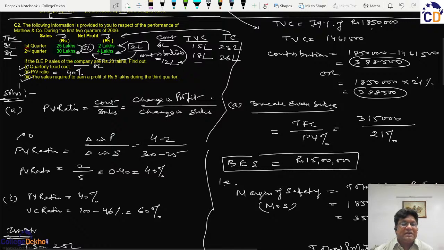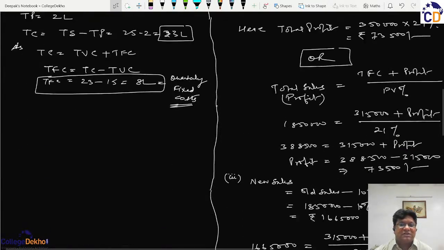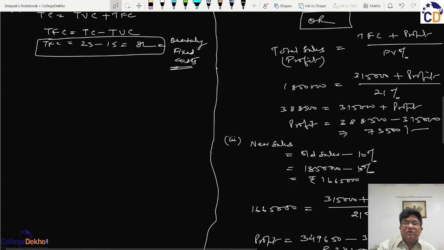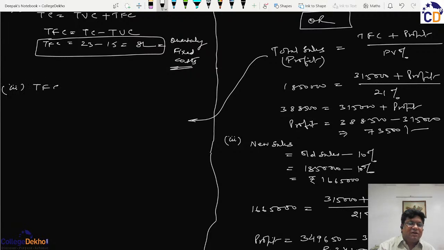The third part says: sales required to earn a profit of 5 lakhs during the third quarter. That is, in the third quarter, if our PV ratio is the same, that is 40%, and our quarterly fixed cost is the same, that is 8 lakhs, how much total sales will be required for 5 lakhs? As we used this formula, a similar formula can be used here, presuming that the total quarterly fixed cost remains the same, being not affected by production or output.